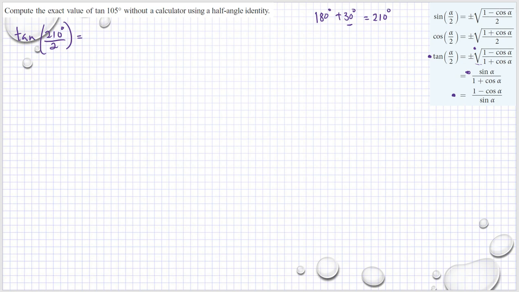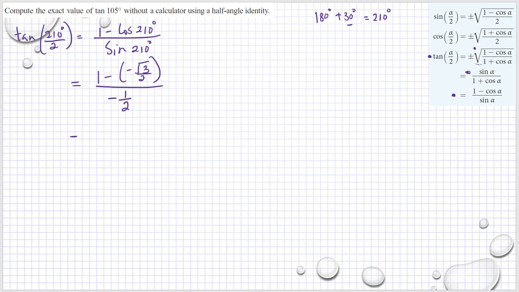So I'm going to use 1 minus cosine 210 degrees divided by sine 210 degrees. 210 is in the third quadrant, so we know that cosine 210 degrees is negative square root of 3 divided by 2. They are screaming outside. And sine 210 in the third quadrant is negative 1/2.